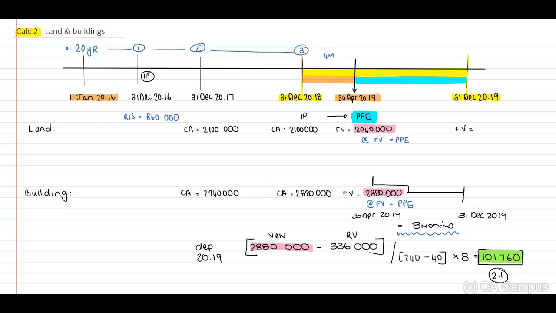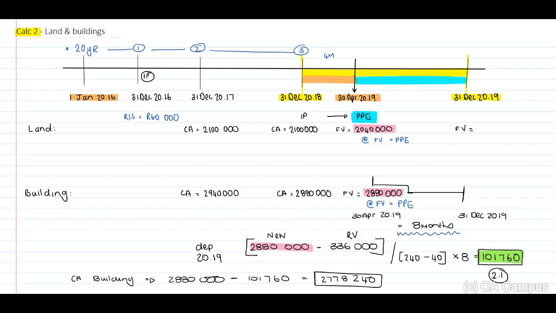Now, to be able to do this, we need the carrying amount of our building before impairment. Therefore, this will be the 288,000 minus the 101,760. And our carrying amount for impairment purposes will be an amount of 2778,240. Now, this is before impairment.